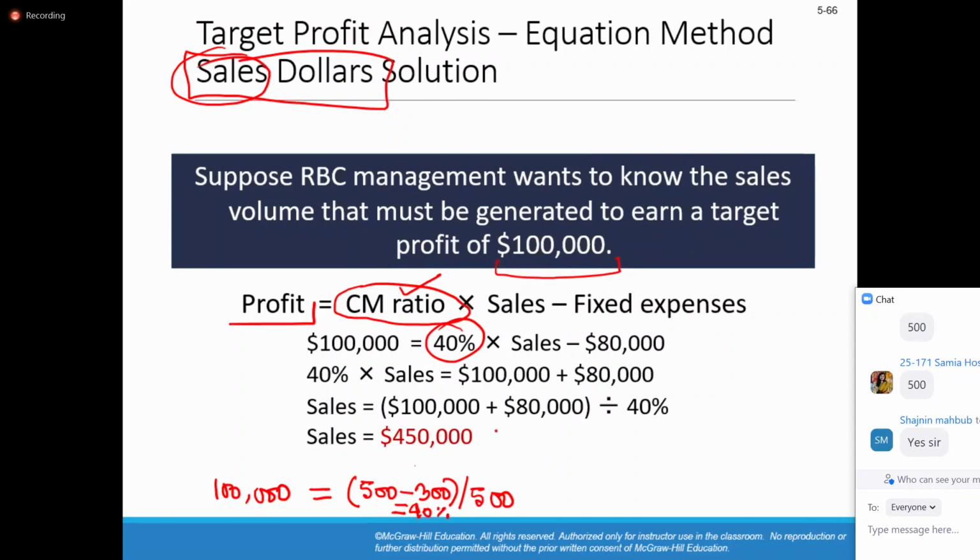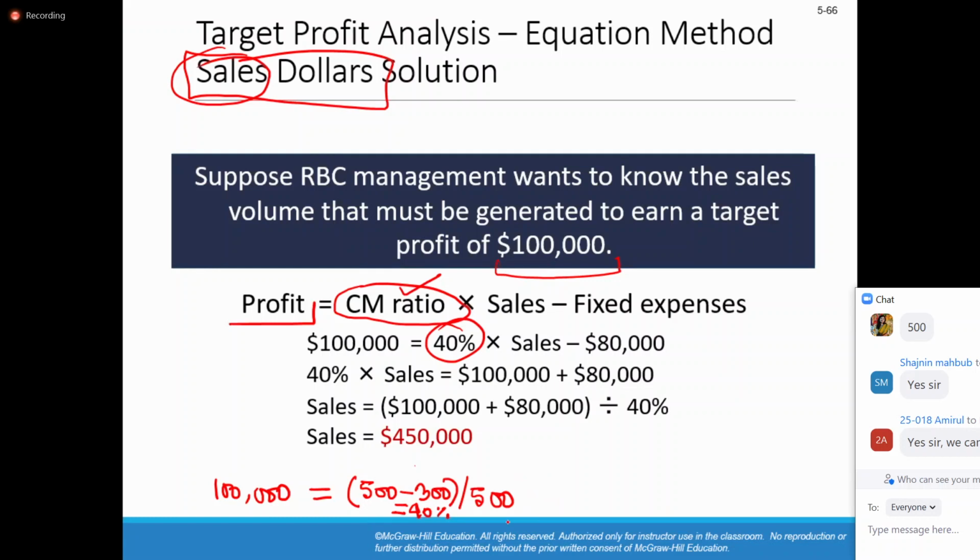It is already familiar to you how we get the contribution margin, obviously in terms of per unit. You can also determine the contribution margin ratio if I do not give you the per unit selling price and per unit variable cost, but rather give you the total sales and total variable cost in terms of dollars.